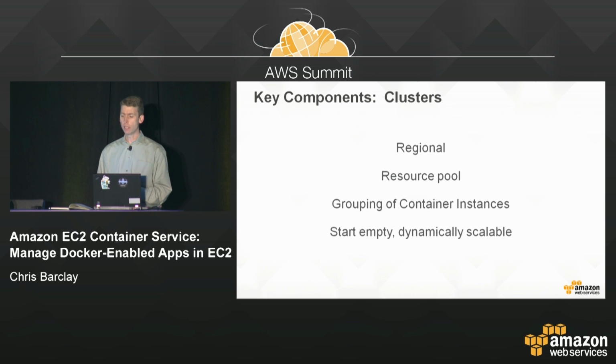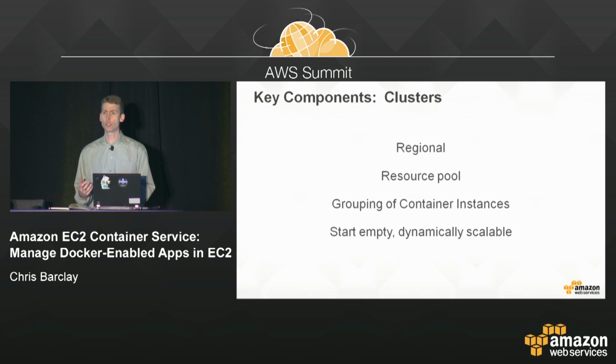You can have multiple availability zones in your cluster. It's just really a bucket of resources for you to use, and it's dynamically scalable. So a common pattern we see is people using autoscaling to scale your cluster up and down as your needs increase or decrease. And you can segment clusters for particular purposes. For example, you could have a development cluster and a staging cluster. You could use clusters for various teams.